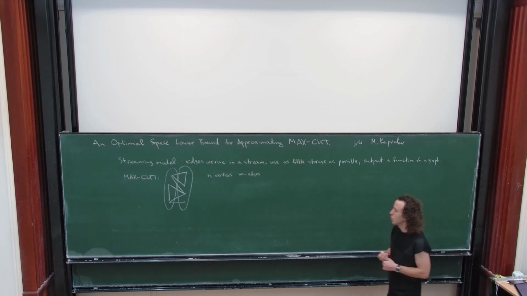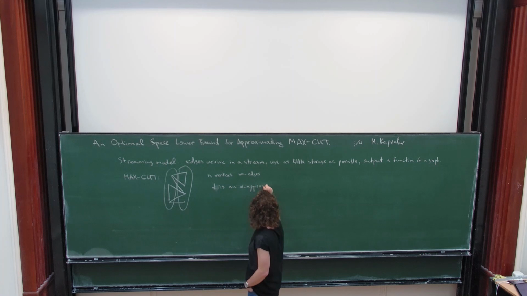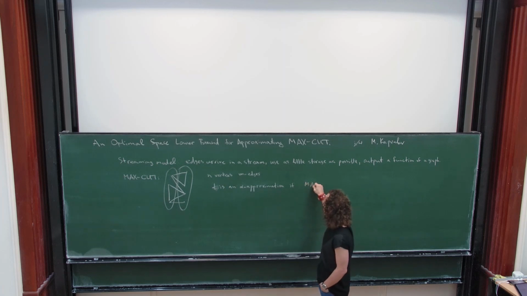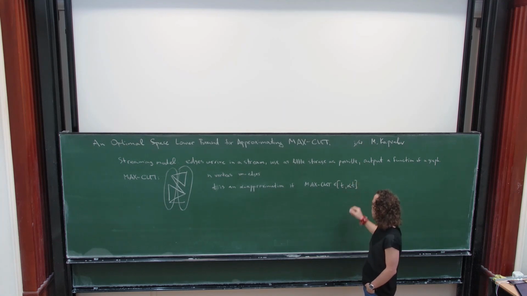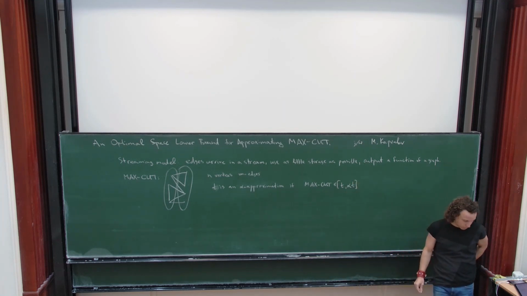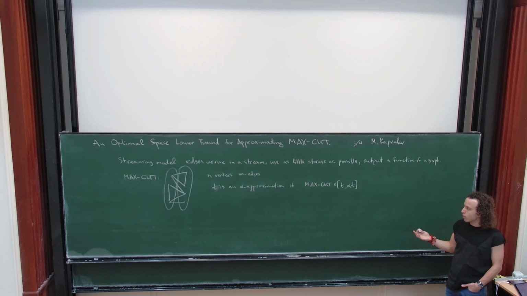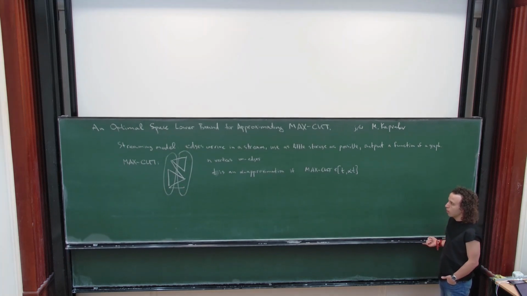We say that C is an alpha approximation if the max cut value is between C and alpha C. So we have the streaming model, we have randomized algorithms, and we want to output an alpha approximation to max cut using as little storage as possible.